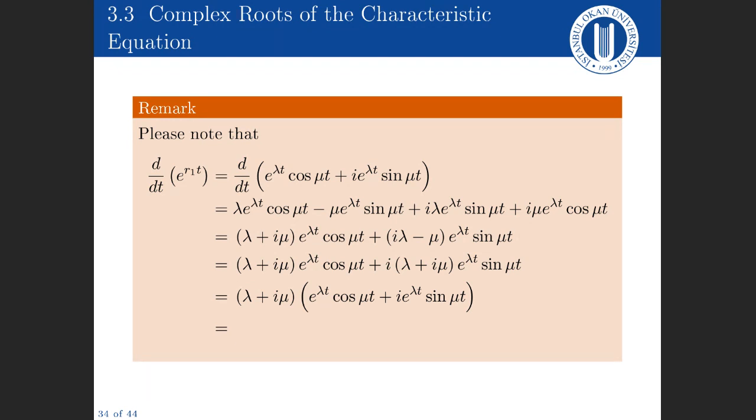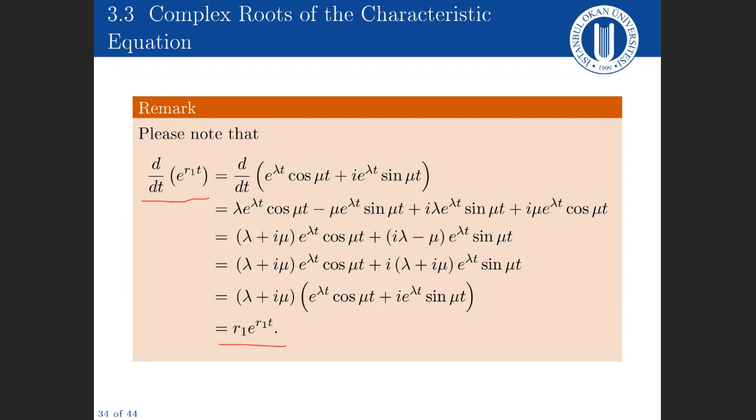But this is what we started with. e to the lambda t cos mu t plus i e to the lambda t sin mu t is just e to the power r1t. So what we have is r1 e to the power r1t. Even if we have complex numbers, the derivative of e to the r1t is still r1 e to the r1t.